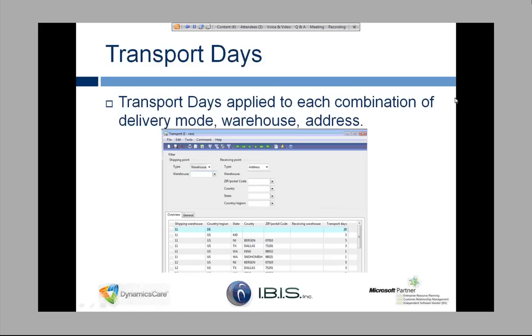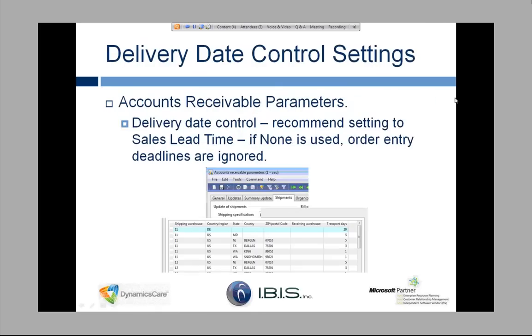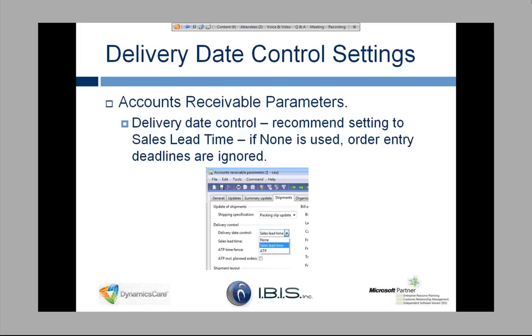Okay, accounts receivable parameters. There are a couple of fields in accounts receivable parameters that we need to consider. Delivery date control is one of those. As a default, you have the choice of none or sales lead time, which uses either the default sales lead time, set in the field right below it, or the sales lead time can come from the item, once an item is actually applied to the order.